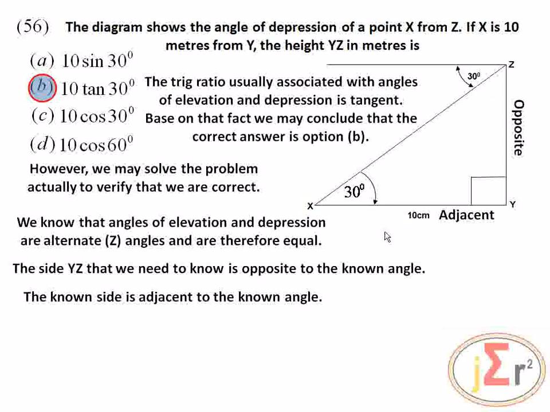Right, in solving a trigonometrical problem, we need to take note of the known values that we have, and also the relationship between what we are trying to find and the known values. Therefore, in the beginning, we said that the side that we want to find, which is YZ, is opposite to this known angle.